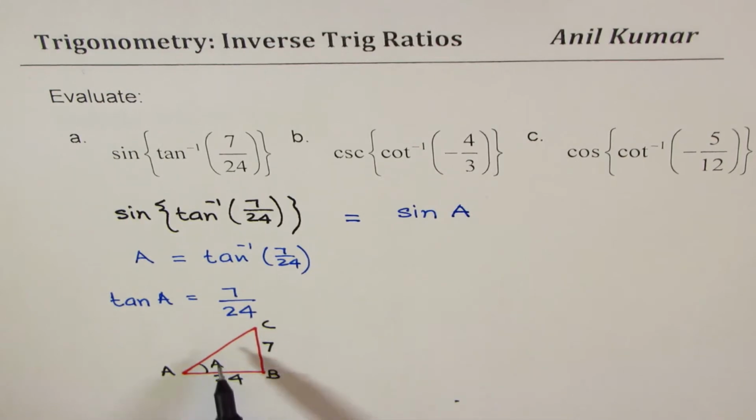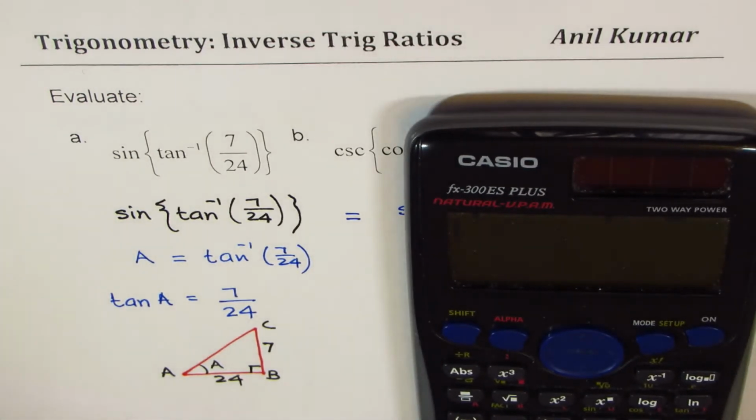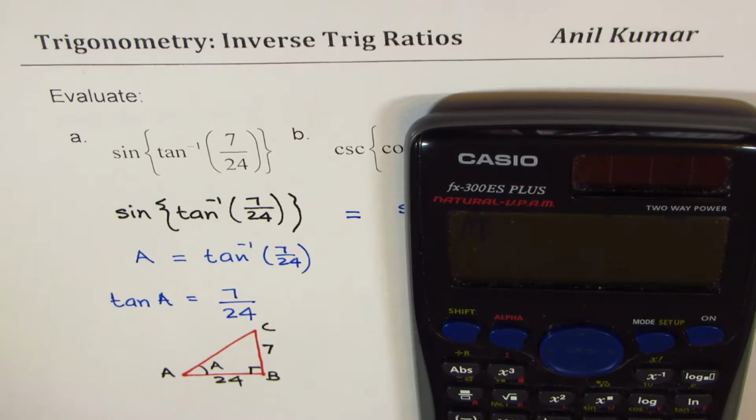If that is the case, what is the hypotenuse? Let's calculate the hypotenuse. Now this is a right triangle. In this triangle, hypotenuse should be square root of 7 square plus 24 square, right? And that is equal to 25.